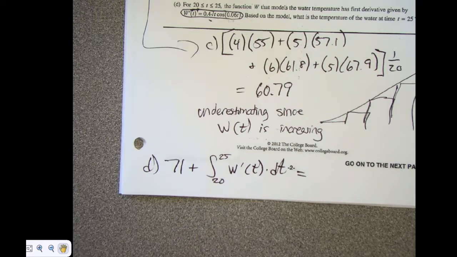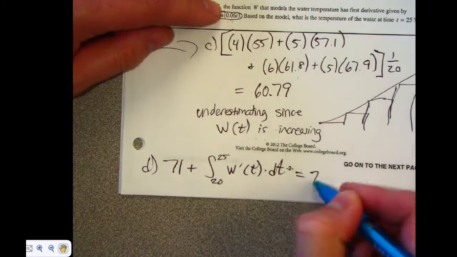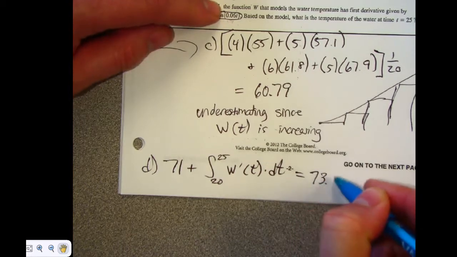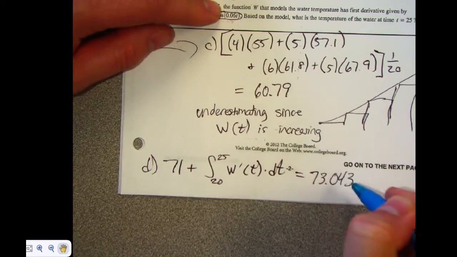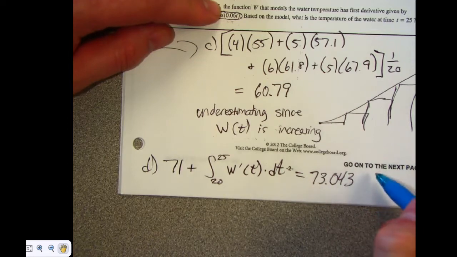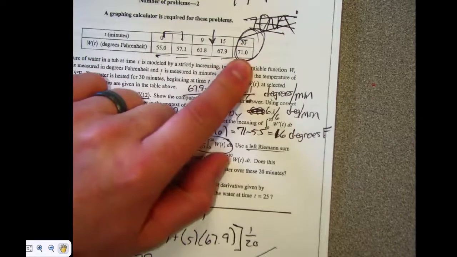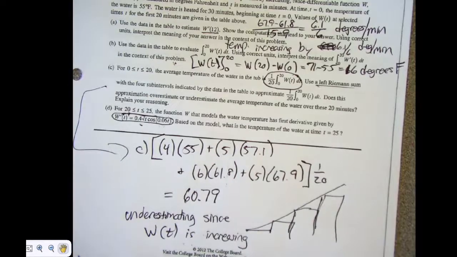Kyle. Because at the 20th minute, we weren't starting at 0 degrees. It was already 71 degrees at the 20th minute. And Wilmer, I just noticed it does say the function is strictly increasing.